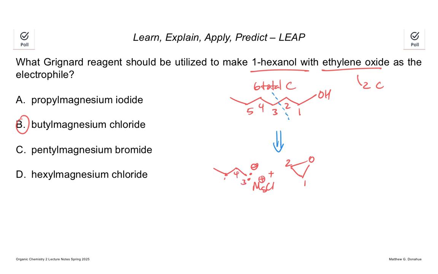Three, 4, 5, and 6 will come from the Grignard. So overall, that Grignard is supplying 4 carbons. So whenever you're given a product, what you're trying to do is simplify it to less and less number of carbons.